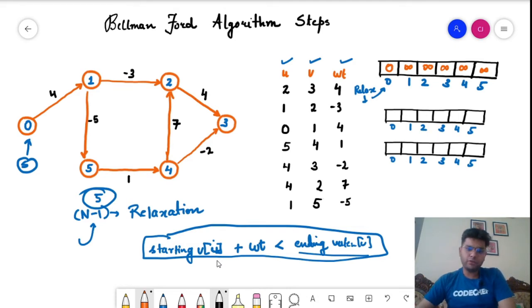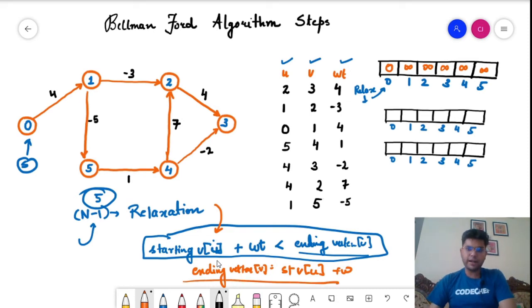Now we are going to follow this condition. If this condition holds true, then we are going to update the weight of the ending vertex: the weight of ending vertex V should be equal to the weight of starting vertex u plus the edge weight.